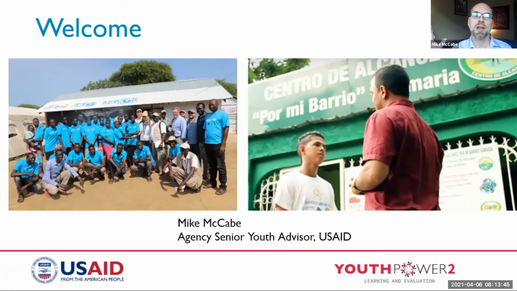And every day they ran programming as a youth center, and those people you see in the picture helped run that program. On the right is a picture of a youth center that I had the privilege of working as part of a USAID program in Panama, where we set up 22 youth centers in gang-impacted communities.